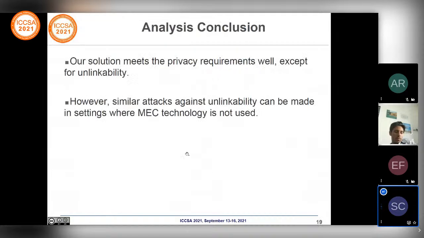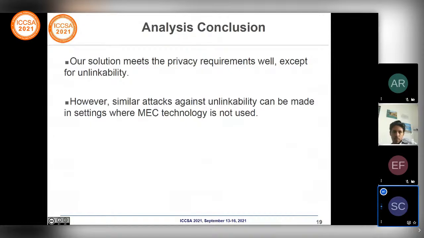And finally, I can conclude that our solution meets the privacy requirements pretty well. But the unlinkability requirements cannot be fully fulfilled because it's still possible to guess the application and the user habits through encrypted channels.